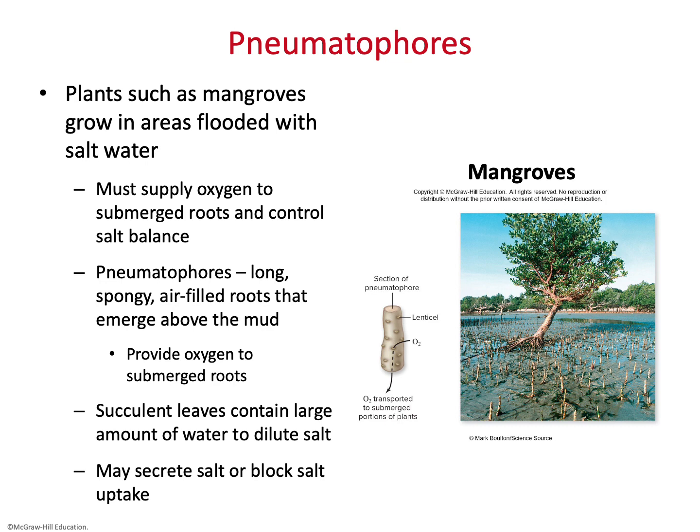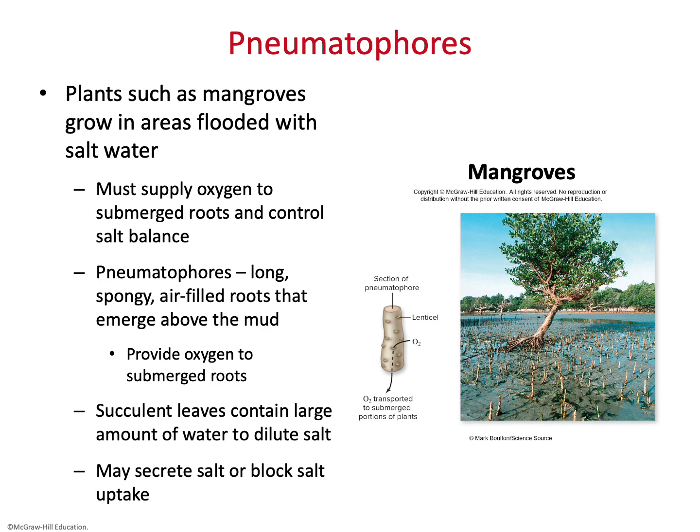Black mangroves have long, spongy, air-filled roots that emerge above the mud. These roots are called pneumatophores. They have lenticels that allow air exchange for the submerged part of the plant, and their succulent leaves can store a lot of water to dilute salt.